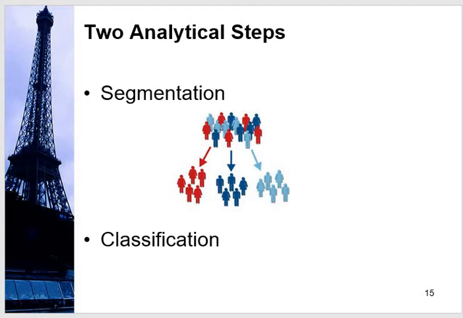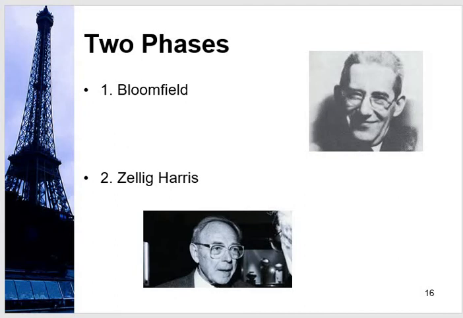So classification is the more elaborated part of segmentation. There are two major phases of North American structuralism. One phase is related with Bloomfield and his ideas, and the second phase is related with Zellig Harris. And Noam Chomsky was a student of Zellig Harris.